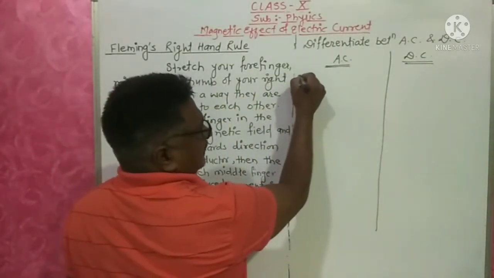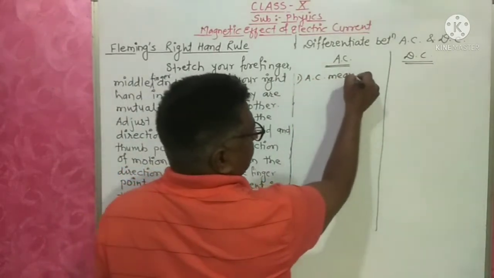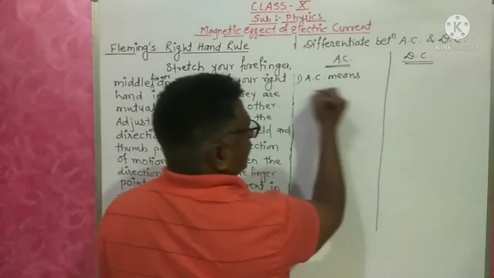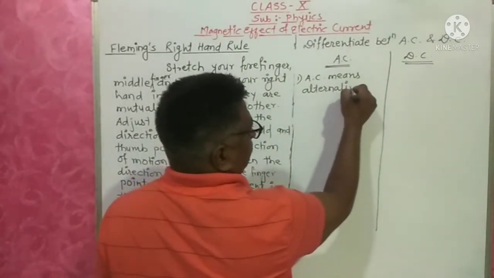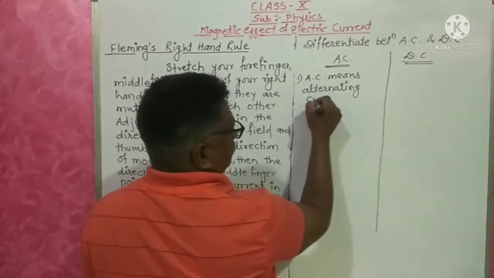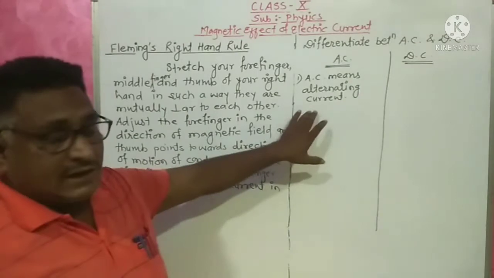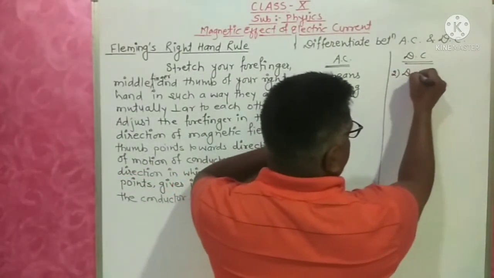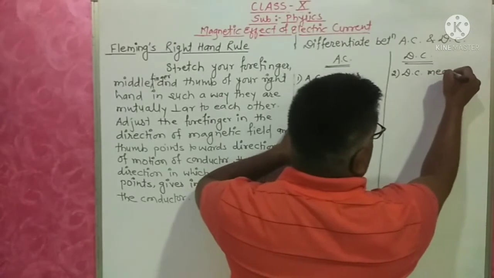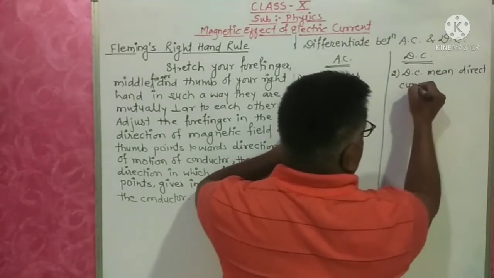AC first. AC means alternating current. What is the long form of AC? Alternating current. What is the long form of DC? DC means direct current.